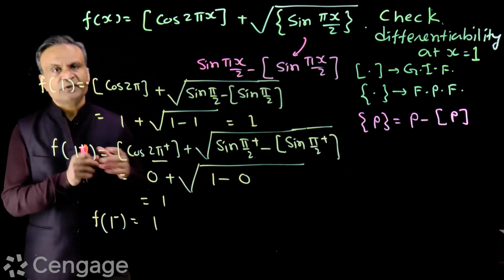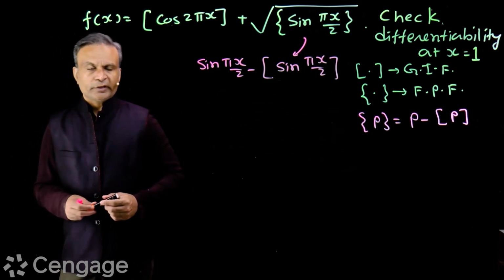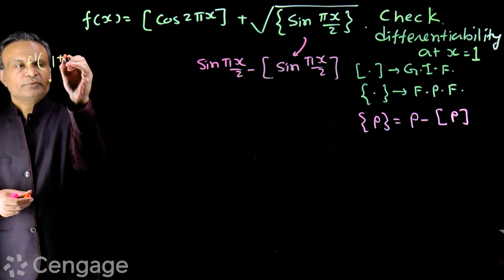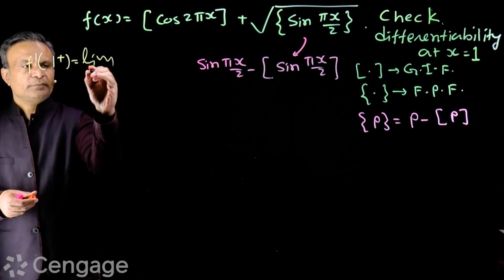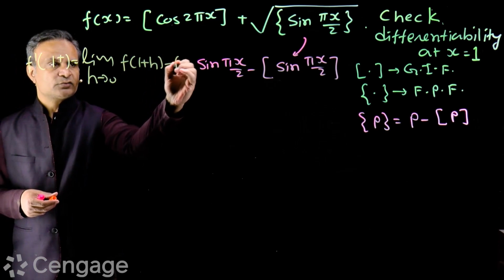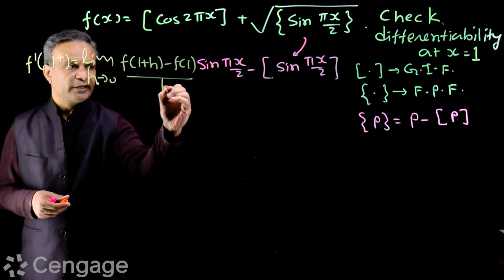Now we check differentiability. We will first find the right hand derivative f'(1+). By definition, this is the limit as h tends to 0 of f(1+h) minus f(1) over h.